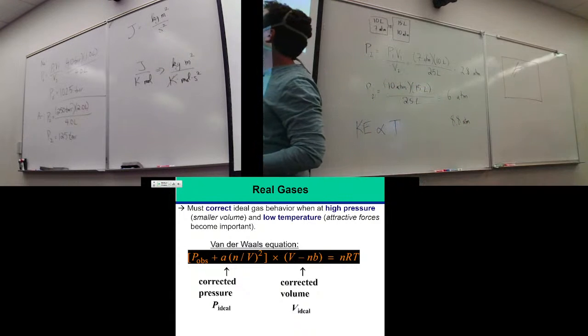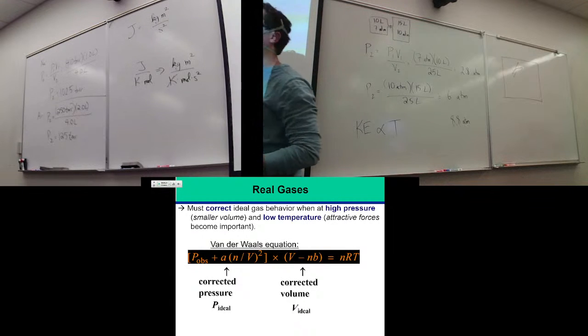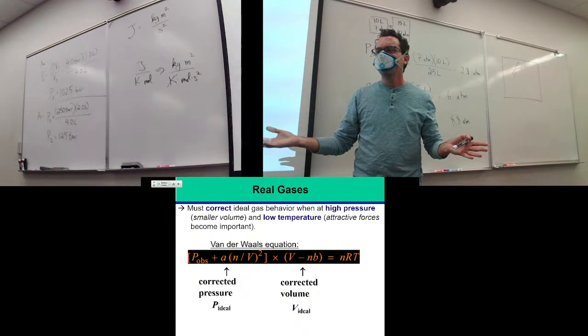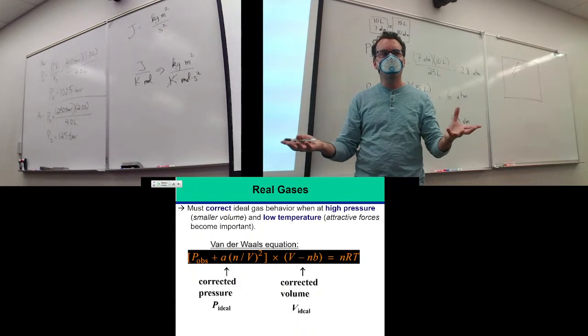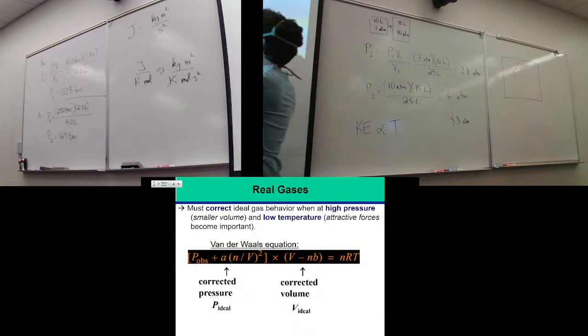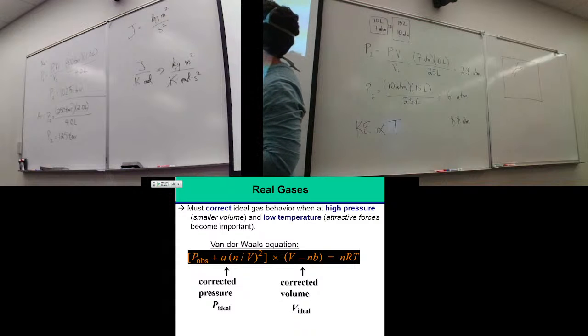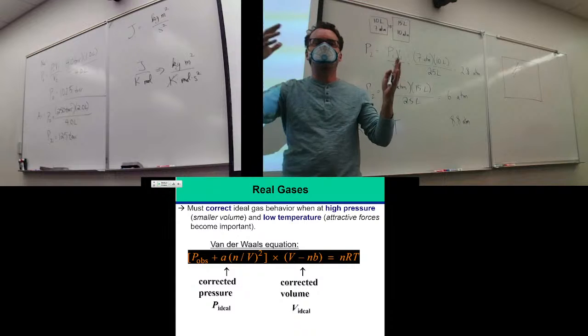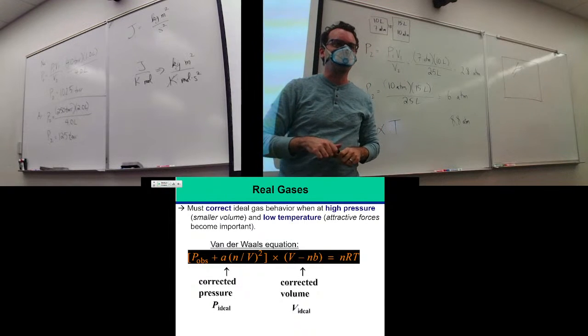So this term right here corrects for the amount of space that the gas actually takes up. So, I've put my gas in a 2-liter container. Normally, I'd plug in 2 liters for volume, and that's it. But now, I'm going to subtract the space that the gas takes up, so that I'll have a little bit less container space.